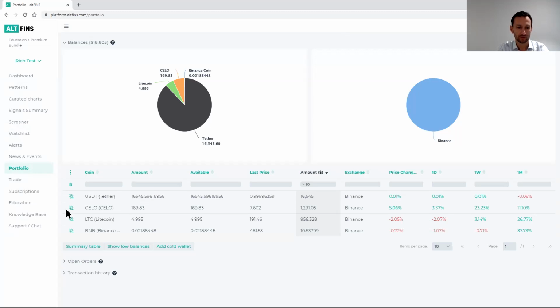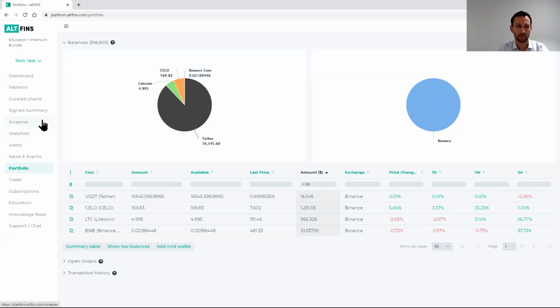As you can see, we have basically 2 positions. We have Tether, that's just basically our cash, and we have Litecoin. Recall that Litecoin was the one that we put on in the last session.